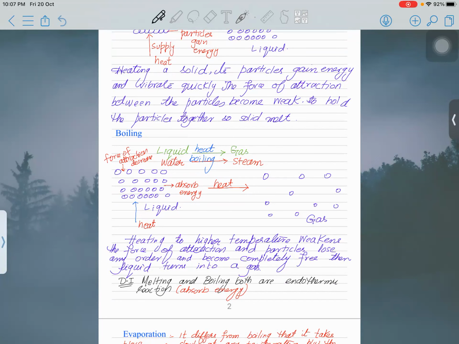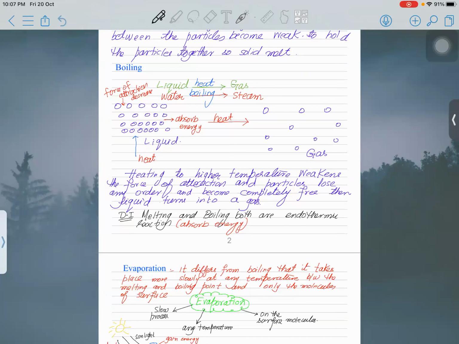Evaporation differs from boiling in several ways. Boiling happens at a fixed temperature.